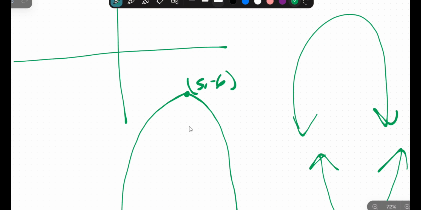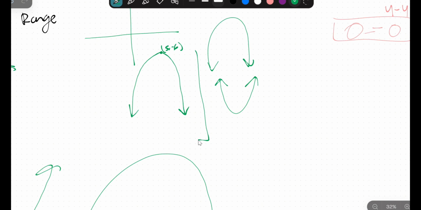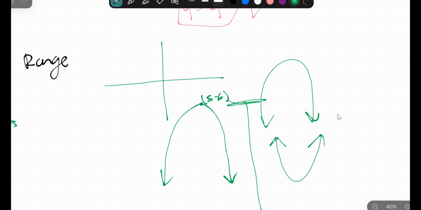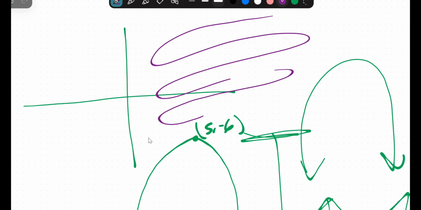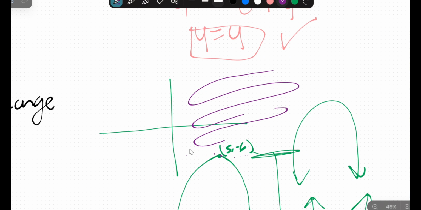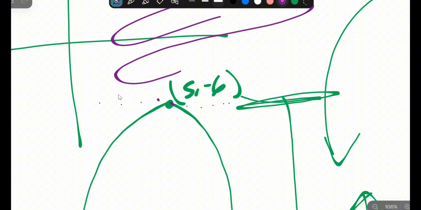Now, as you guys can see, our range is going to be everything from here on downwards. We are never going to go above our vertex point. So, this is the case for all of the quadratic functions, unless you obviously have a restricted domain or something like that: the y value corresponding with your vertex is either going to be your maximum or your minimum.